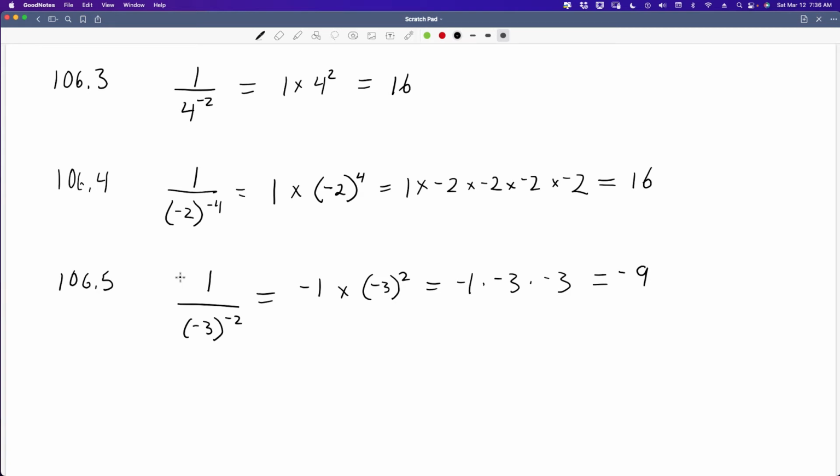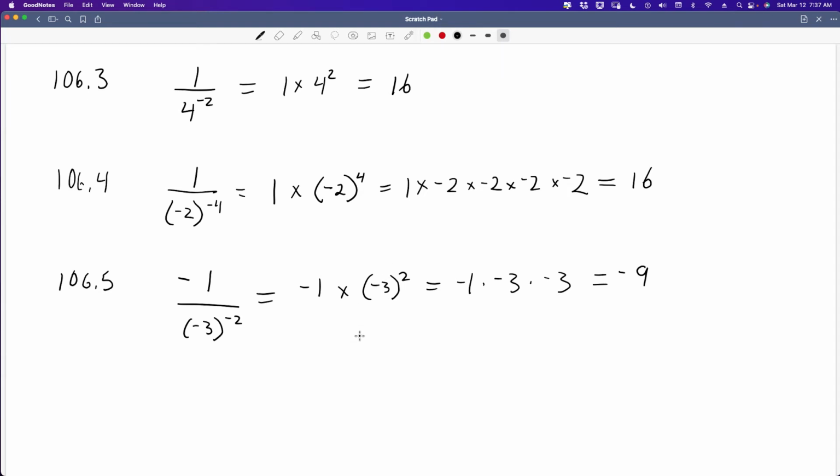So the negative is always attached to the numerator, never the denominator, unless you specifically see a problem that has the negative sign on the numerator and another negative sign right down here in front of the parentheses. But if you have the negative sign right out front of the fraction itself, we always attach that to the numerator. All right, I hope that clears that up for some of us.